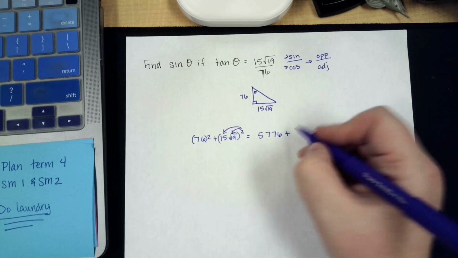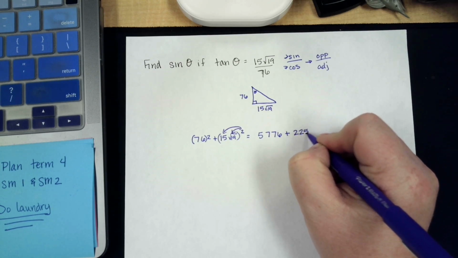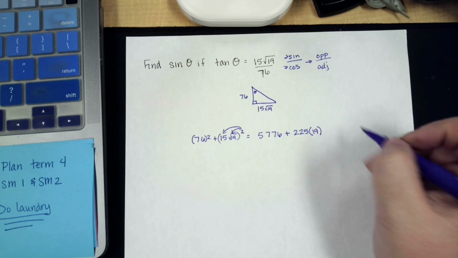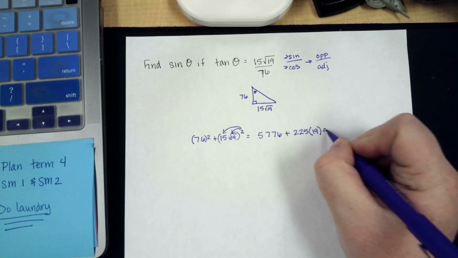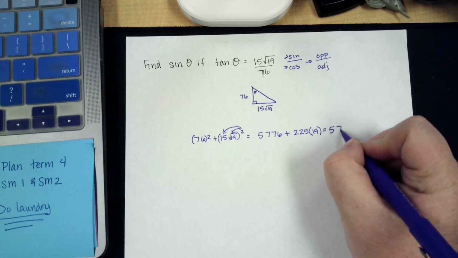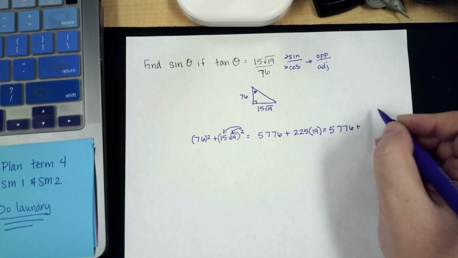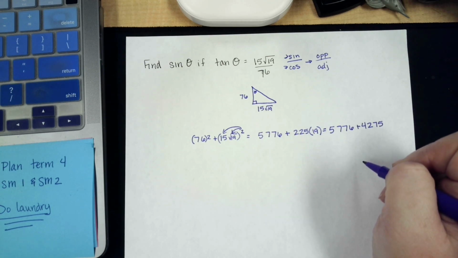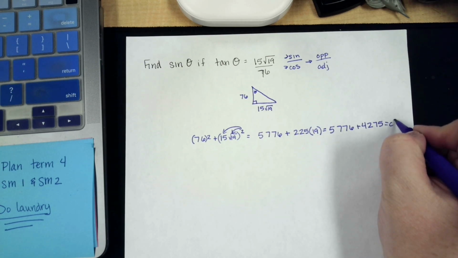Okay, so 15 squared is 225. It's going to be multiplied by 19 because the square root of 19 squared is just 19. So that's going to give us 5,776 plus 4,275. Now remember, this equals c squared.